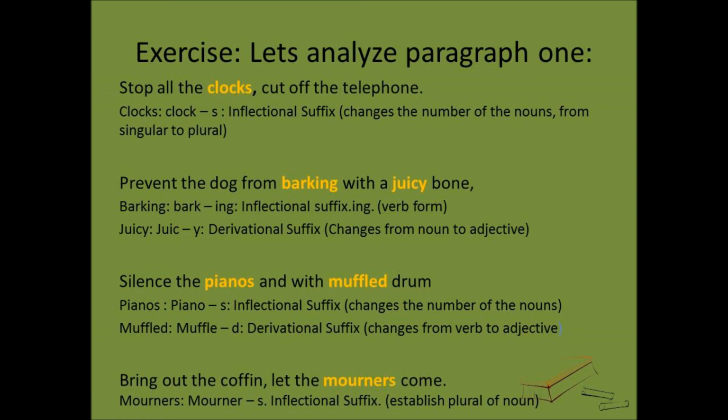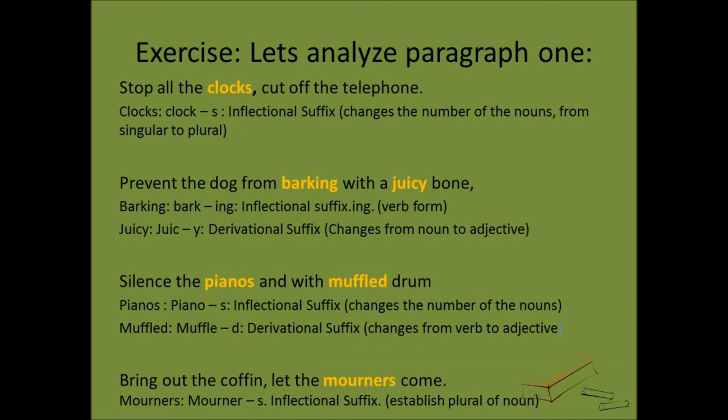Good. Now let's try to do the exercise on slide 14, please. So let's analyze paragraph 1. We have stop all the clocks, cut off the telephone. Good. Clocks. Clocks has an inflectional suffix, yeah, that s, because it changes the number of the noun from singular to plural.